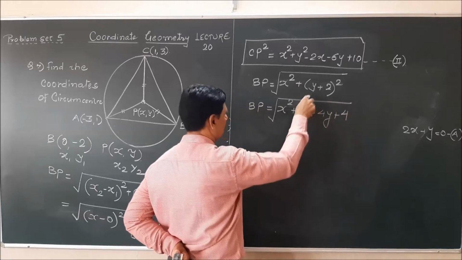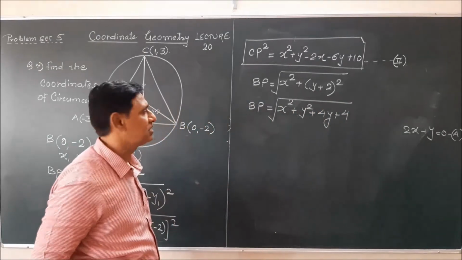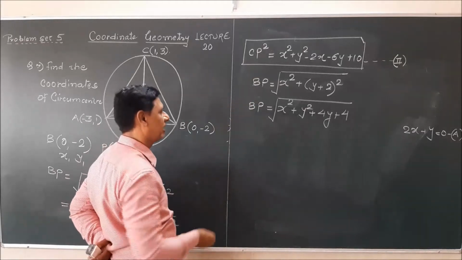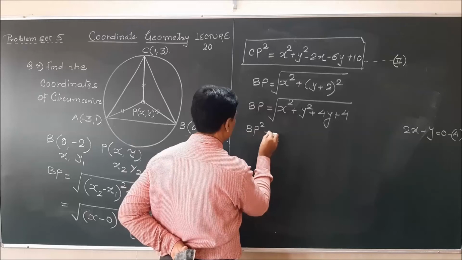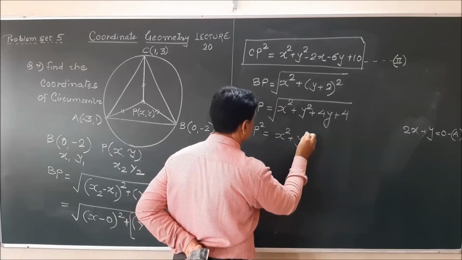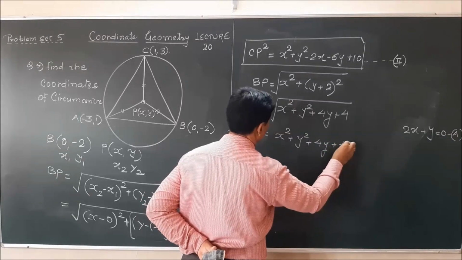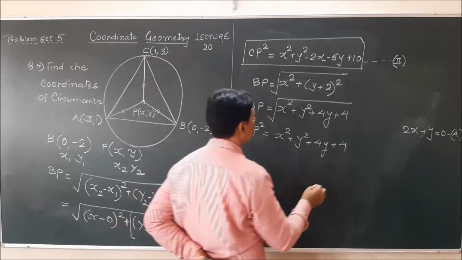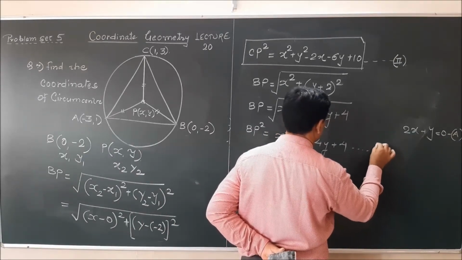How I got it? y square, a square, 2ab, 2y into 2, that is 4y, plus 4. Fine. So BP square is equal to, if I square it, x square plus y square plus 4y plus 4. Okay. So this is my equation number.